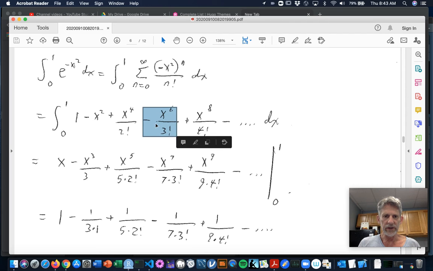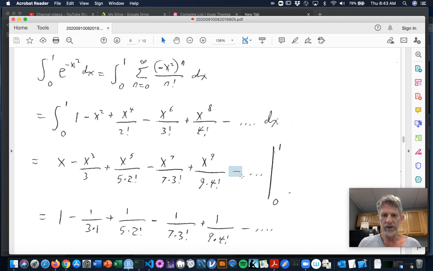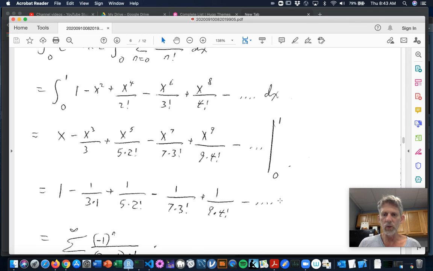For this, the antiderivative is a negative x to the 7 over 7 times the 3 factorial still at the bottom. Next up is x to the 9 over 9 times 4 factorial. And minus and plus forever. And I've got to evaluate between 0 and 1. So I plug in 1, and I plug in 0. When I plug in 0, nothing comes out because I've just got powers of 0 here. So all I've got is what I have when I plug in 1. And so I've got this alternating series.